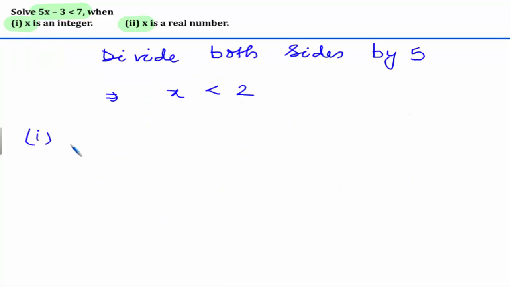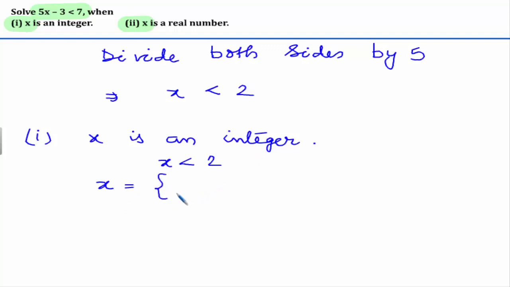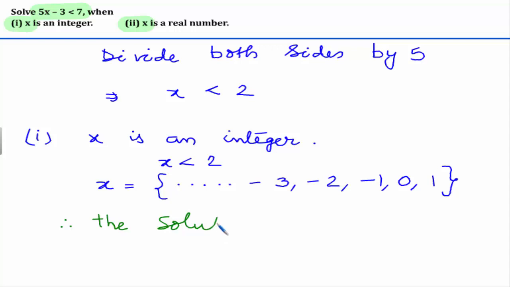Now in the first case, x is an integer. When x is less than 2, then x will be -3, -2, -1, 0 and 1. So therefore the solution set is that.